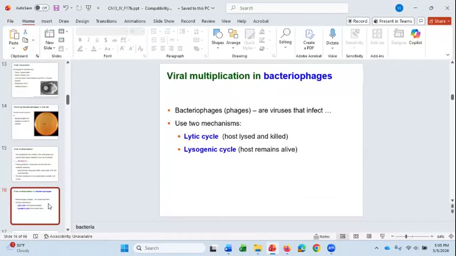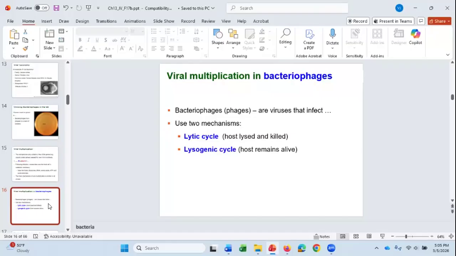Let's talk about viral multiplication in bacteriophages. Bacteriophages are viruses that infect bacteria cells. So bacteriophages just means viruses that infect bacteria cells. Bacteriophages use two mechanisms for reproducing. There's the lytic life cycle and the lysogenic life cycle.